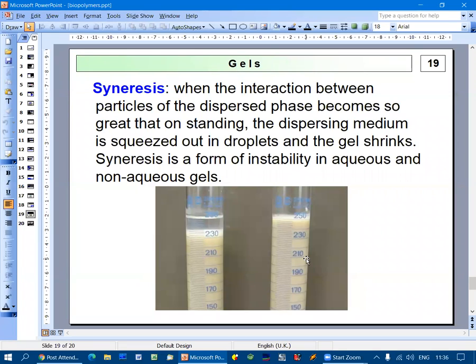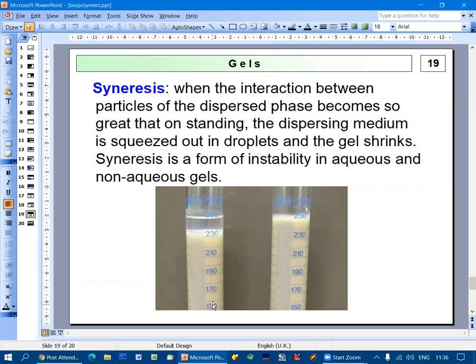And the second, to my mind, interesting property of gels is syneresis. This is a decrease of volume of a gel due to the removal of part of the water. Here, this is the initial state, and this is the state of the system after syneresis. This is solvent, liquid, enriched with molecules of polymer.